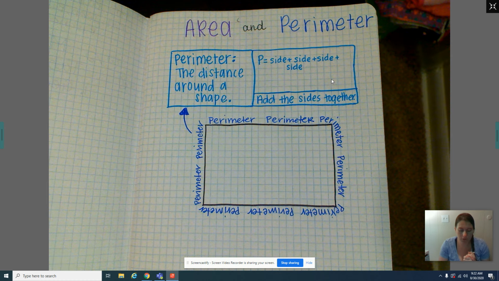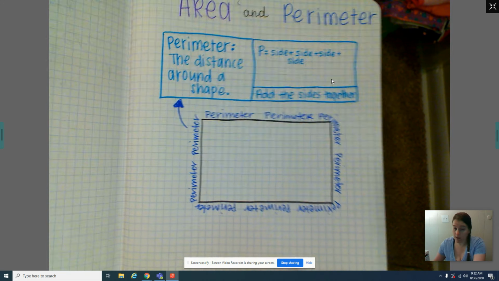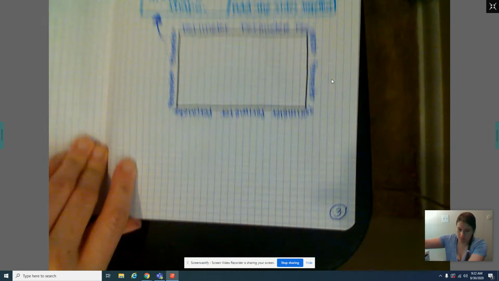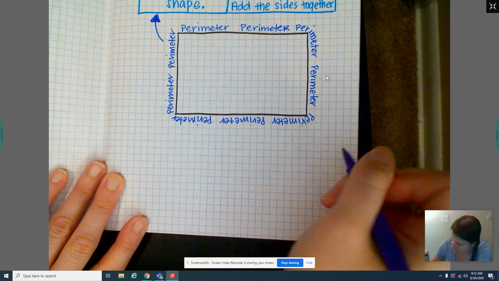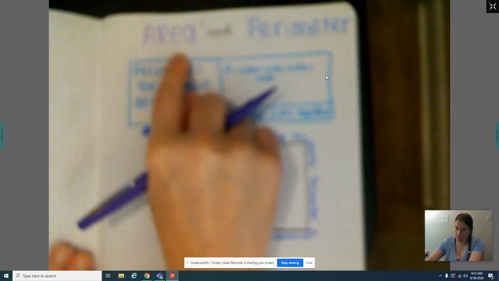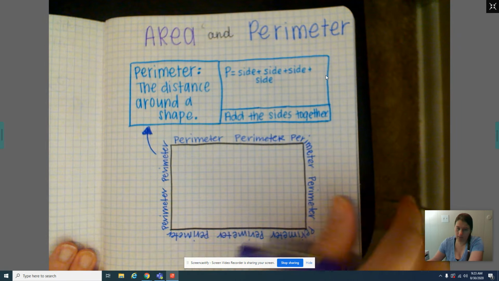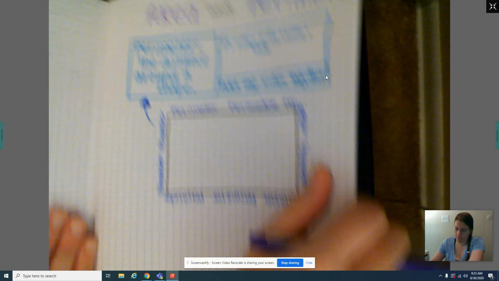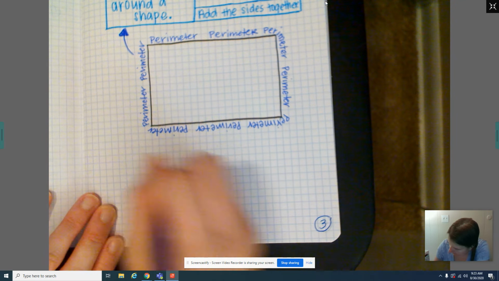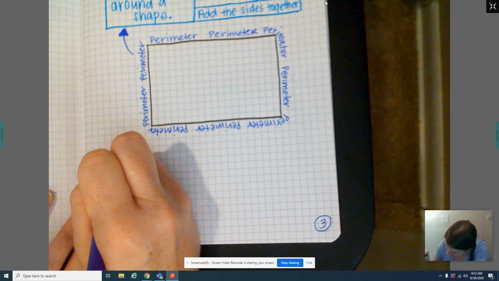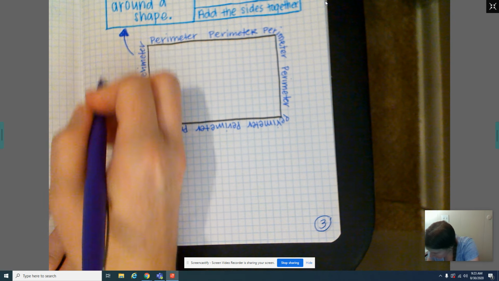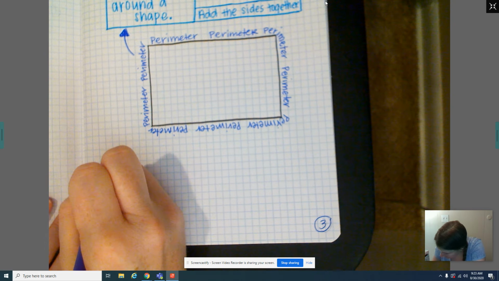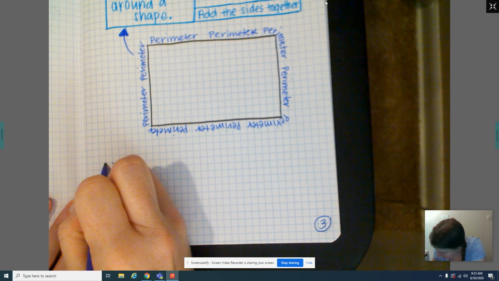Now, the first one was perimeter. Second one, area. So we're actually going to go back down to the bottom, and I'm going to do purple. Notice at the top of the page, I wrote area in purple. I'm going to keep my purple Flair pen and roll with that. I'm going to do a box down here. Remember, it doesn't need to be perfect.